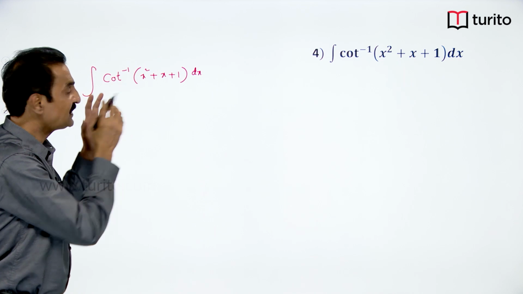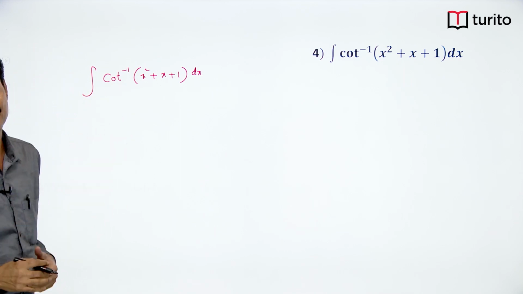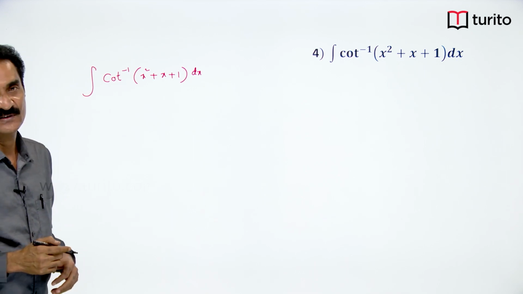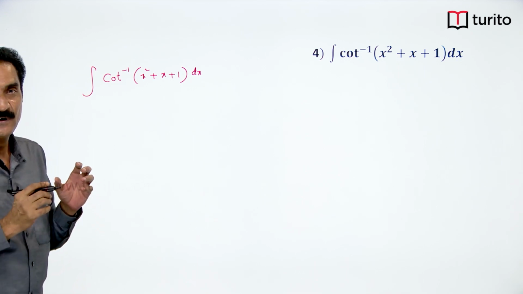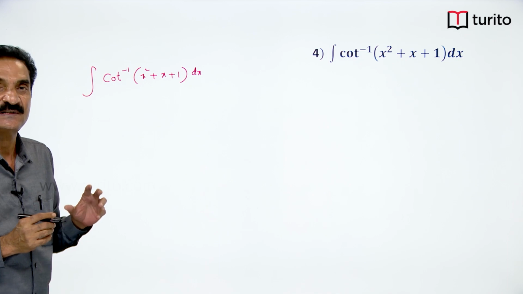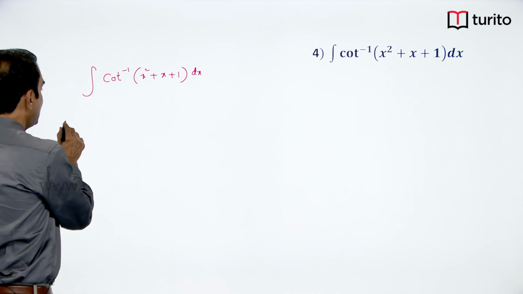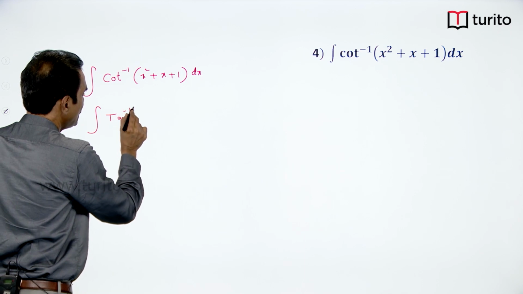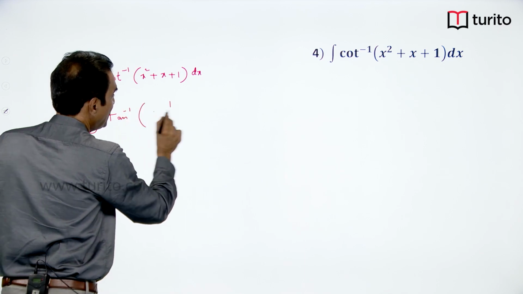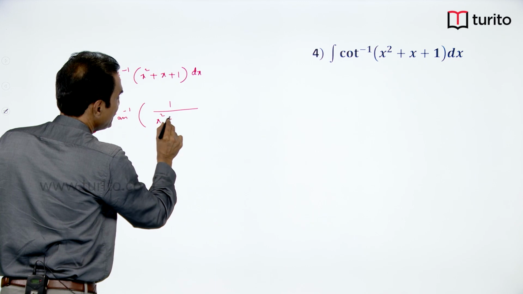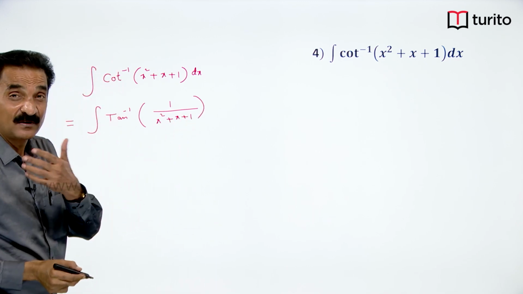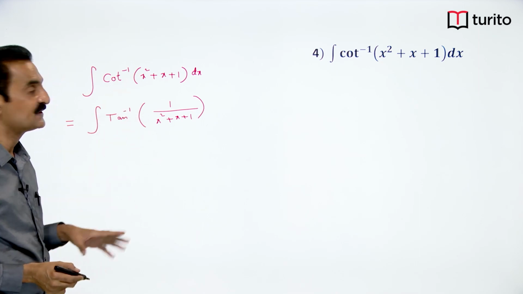How to split cot inverse of something into two terms? First, convert into tan inverse. If x is positive, cot inverse x is tan inverse 1 by x. So, we write it as tan inverse of 1 by x square plus x plus 1. X square plus x plus 1 is always positive. So, we can write it like this.